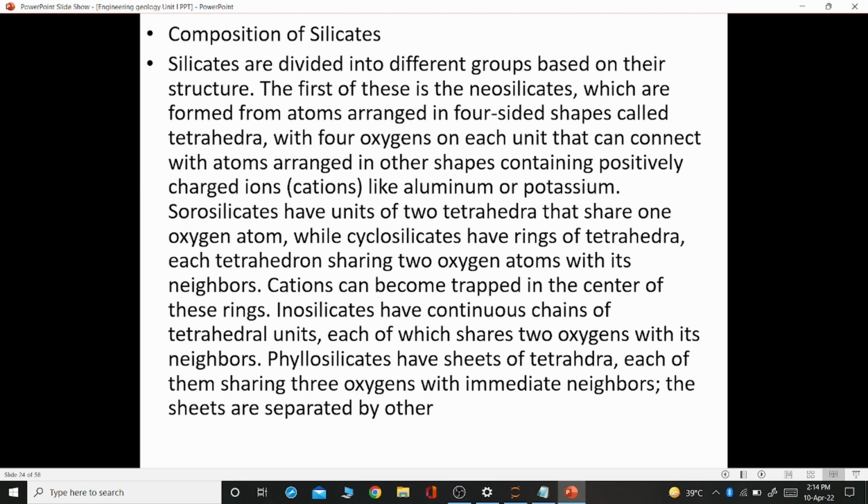Sorosilicates are units of two tetrahedra that share one oxygen atom, while cyclosilicates have rings of tetrahedra, each tetrahedron sharing two oxygen atoms with its neighbors. Cations can become trapped in the center of these rings.